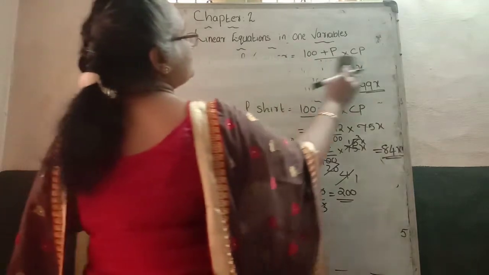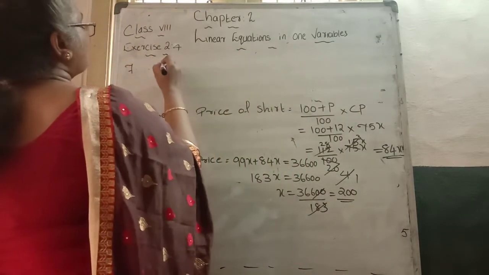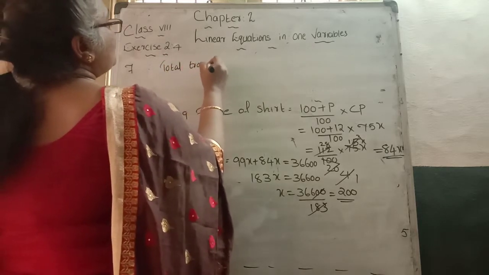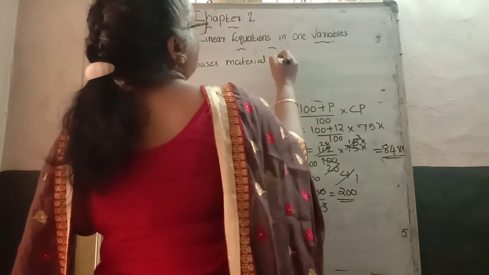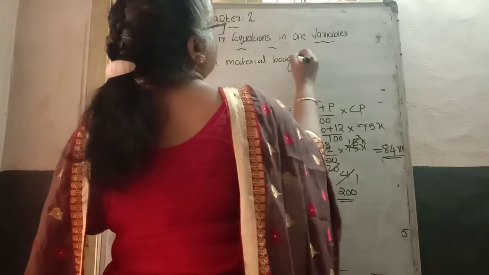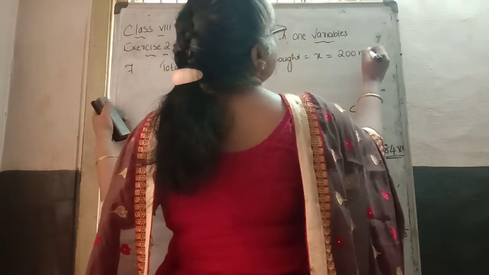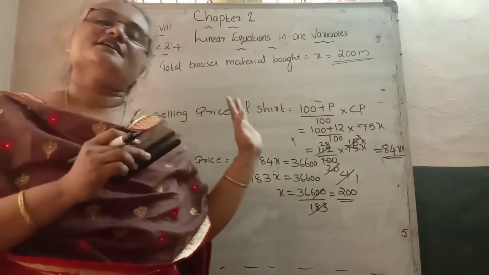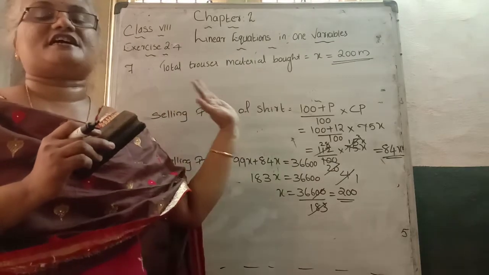So in the last step, therefore we can say that the total trouser material bought is equal to x, substituting the x value, 200 meters. That is the meaning of this seventh question. They ask that much only, so that much is enough.